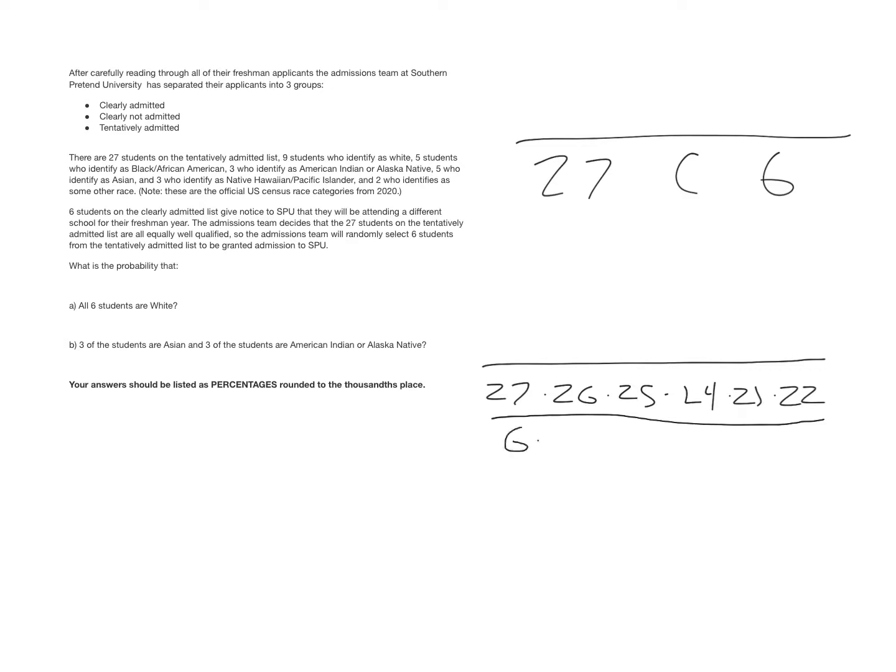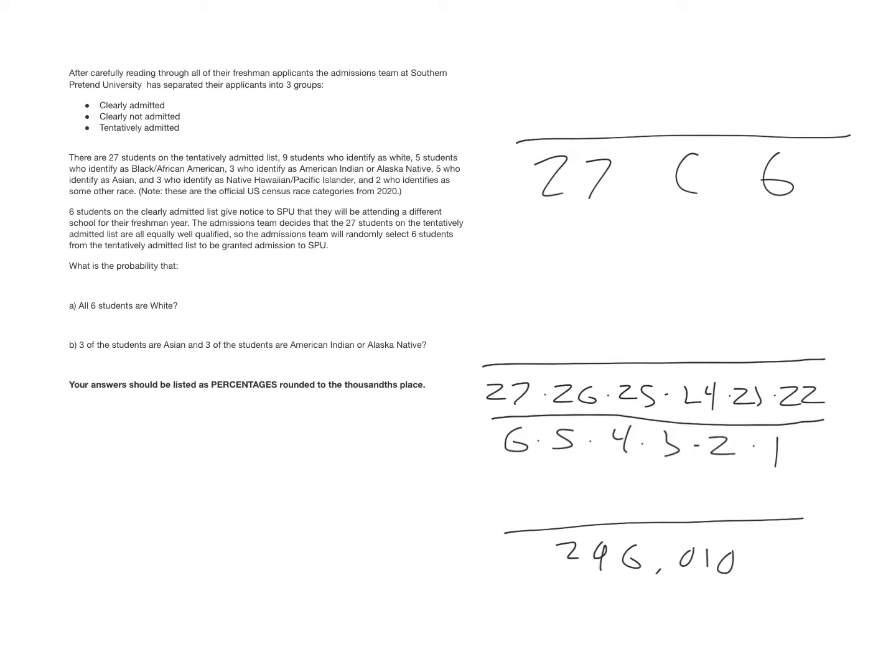Well, that's 6 times 5 times 4 times 3 times 2 times 1. That's going to give me 296,010. That's how many ways we could randomly choose 6 out of these 27 students.